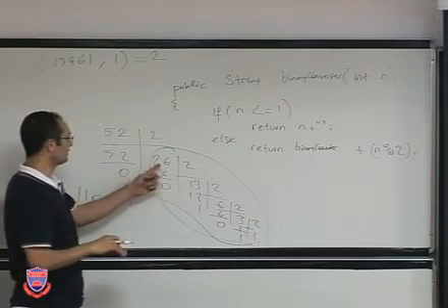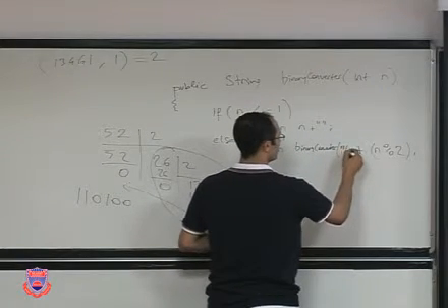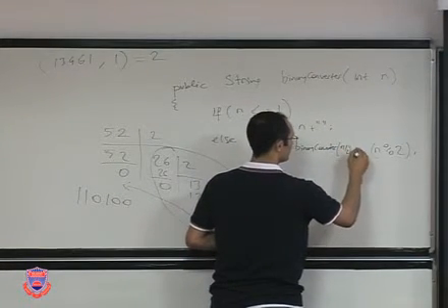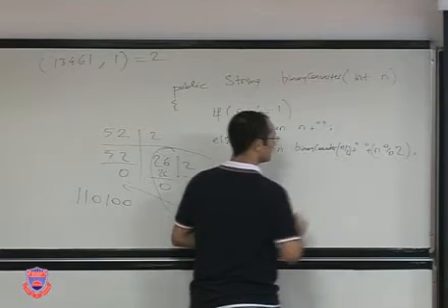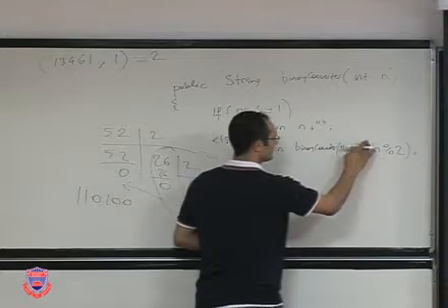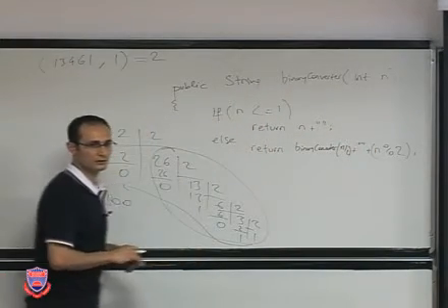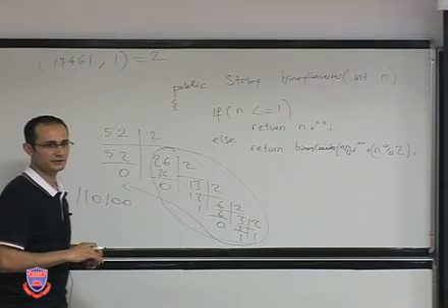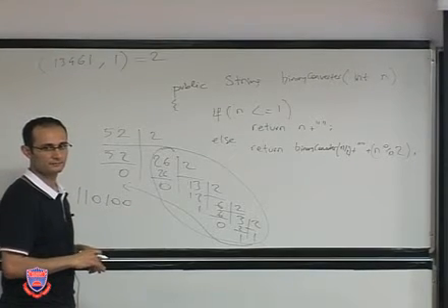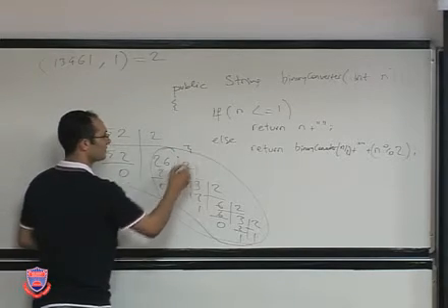N over 2, the new number, which is 26, and obviously you'll have a string concatenated, which is not going to be with space, so that it performs a concatenation instead of an addition. Okay?